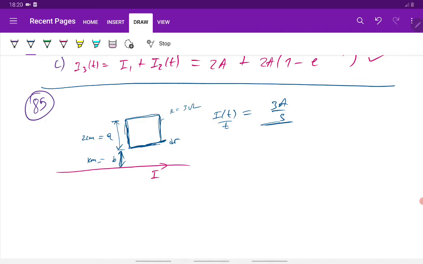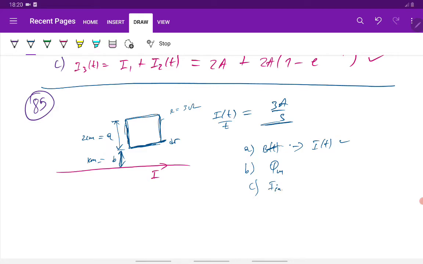So first, using Ampere's law, we need to find the magnetic field as a function of time, since the current is changing. After that we need to find the magnetic flux through this loop, and after that we need to find the induced current, right? How much induced current flows in the loop.